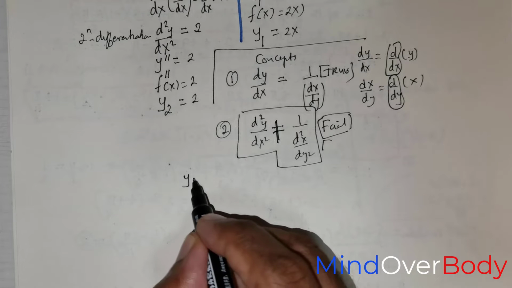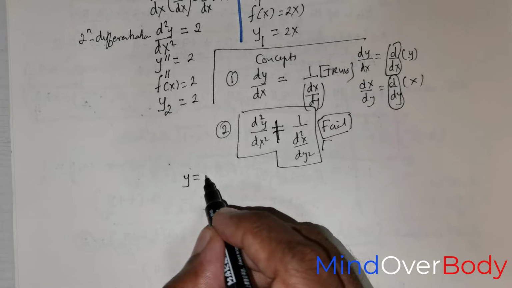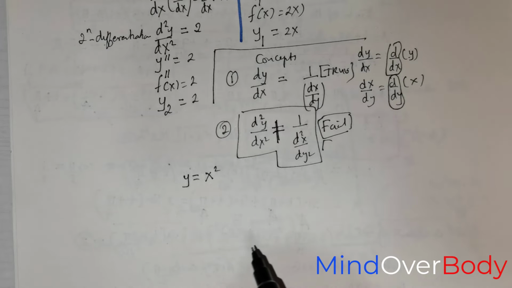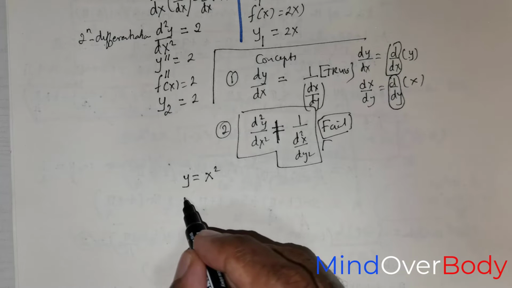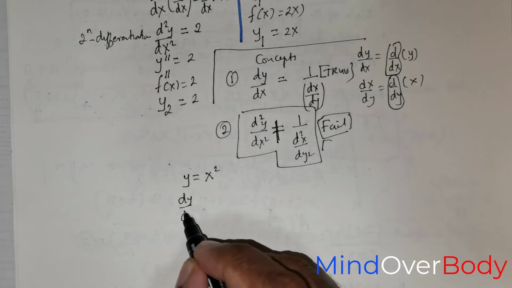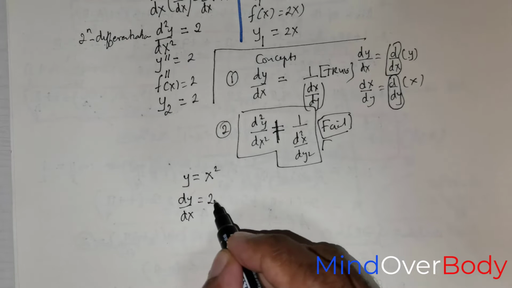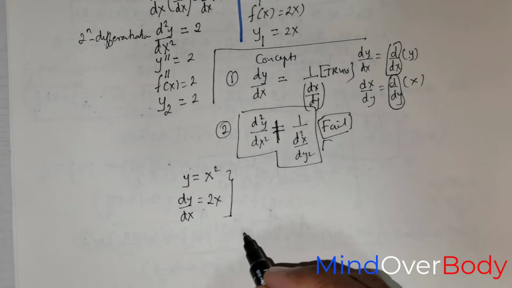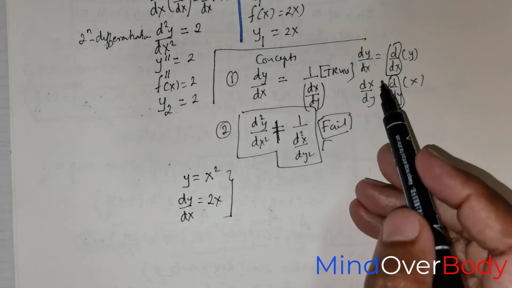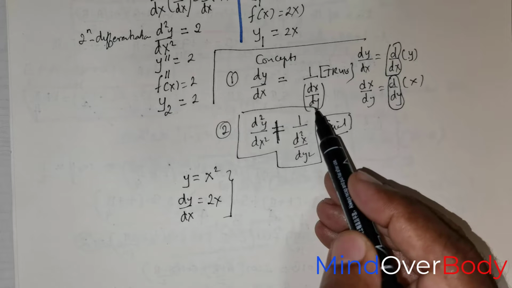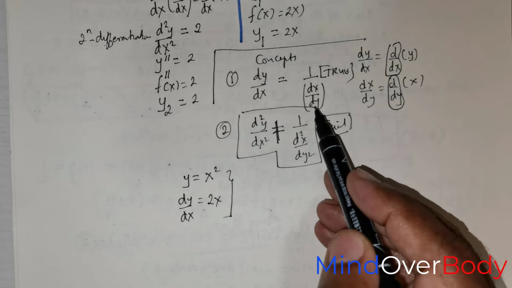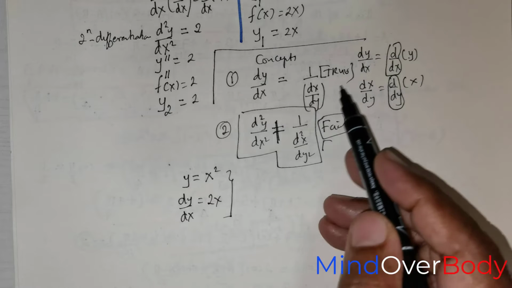Now if you remember, I have taken y to be equal to x squared, right? And then I went on to find dy over dx to be equal to 2 times x. So this is the first state. Now I want to find out dx over dy. That is why I stated d over dy is totally a different operator from d over dx.